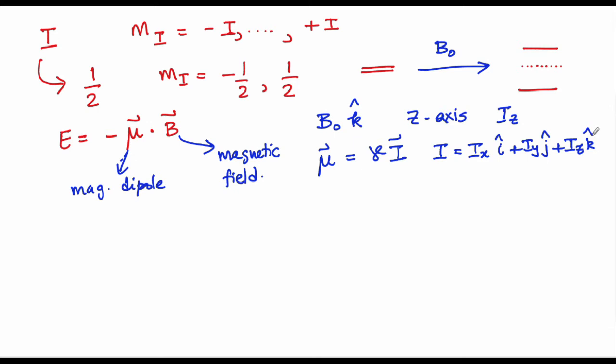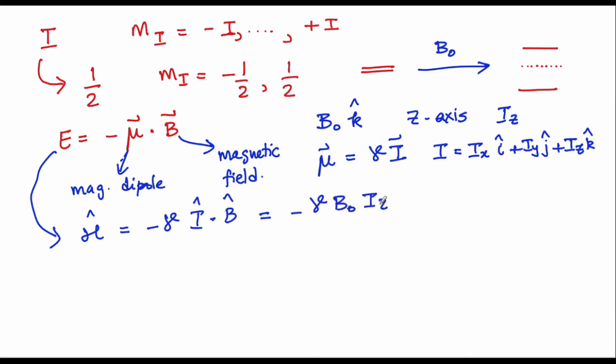And for every observable in classical mechanics, it's replaced with a quantum mechanical operator, so that is going to be the Hamiltonian we are talking about. And the mu, of course, I'm changing it to I already, it's going to be I cap dot B cap. Since the dot product will result only in the k terms surviving, you are going to get something like minus gamma B naught times Iz.